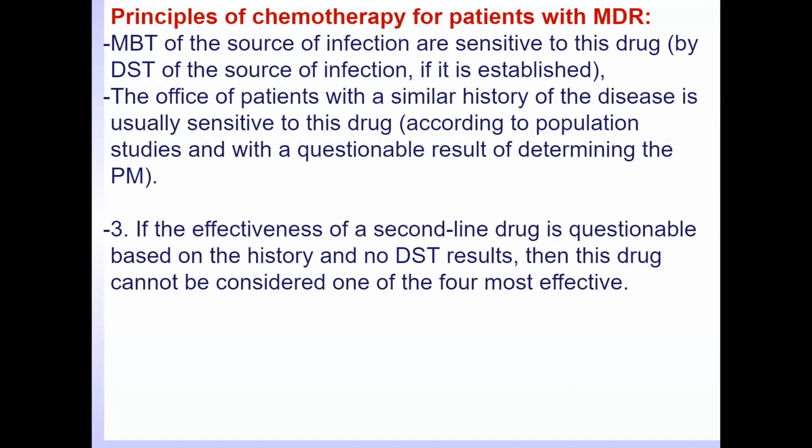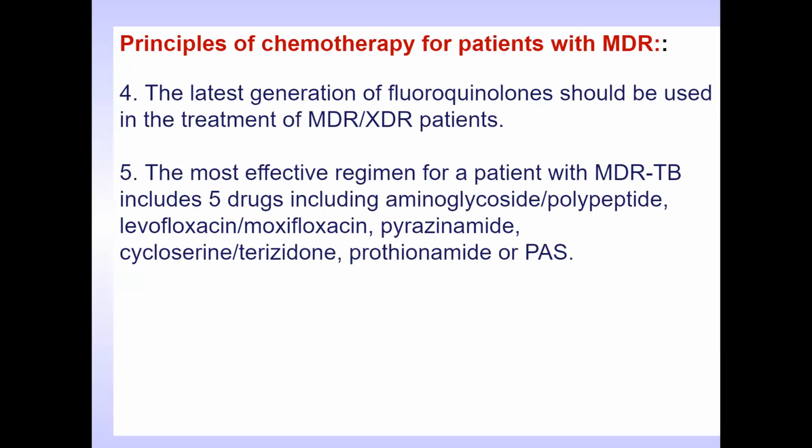You can see these pictures, the second principle of chemotherapy. The most effective regimen for a patient with MDR-TB includes 5 drugs, including aminoglycoside, polypeptide, levofloxacin, moxifloxacin, pyrazinamide, cycloserine, terizidone, or PAS.